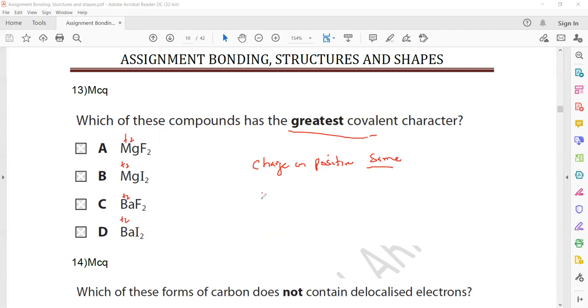Then the size of the positive ion should be small. For a greater covalent character or distortion, which is smaller in size? Magnesium, because we have beryllium, magnesium, calcium, barium. As we go down, the size is increasing. As the size increases, the distortion or polarization will decrease.